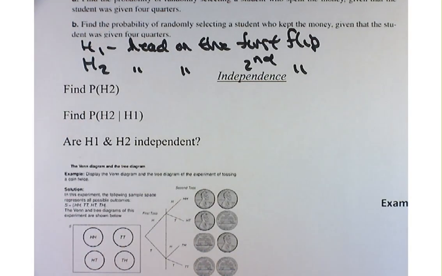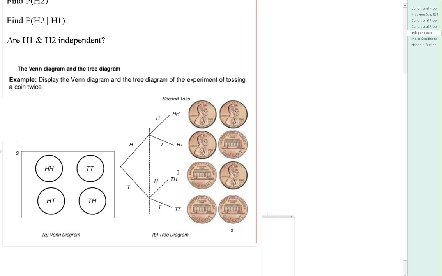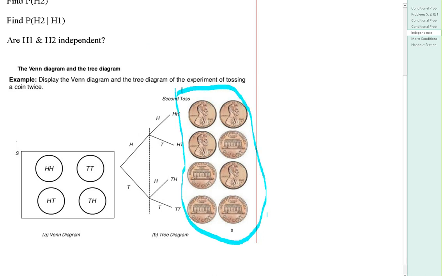What's the probability of H2? Well, it means a head on the second flip. So let's take a look at what that would be. How many things can happen altogether?